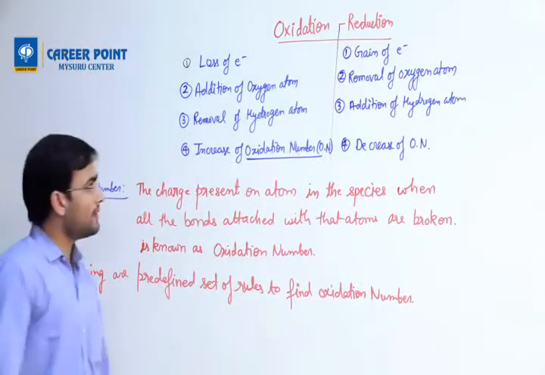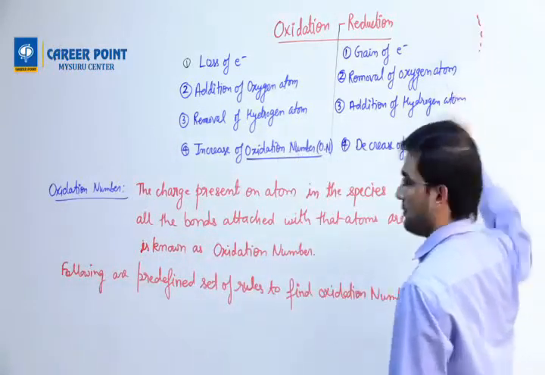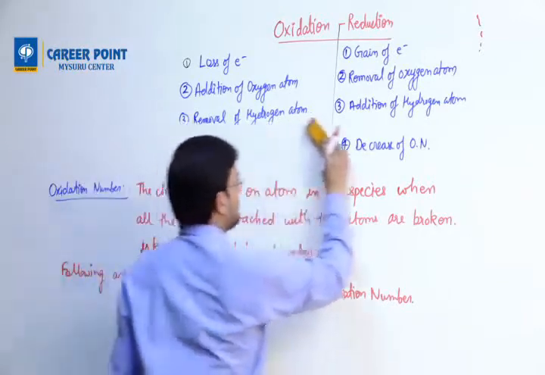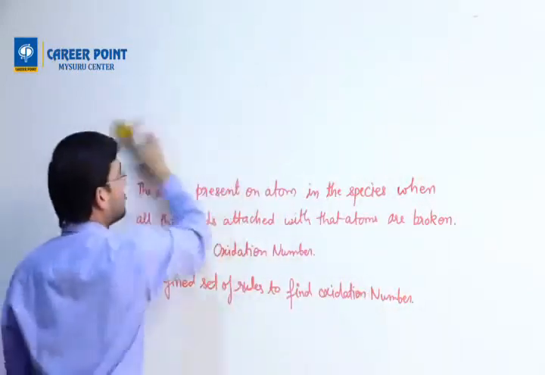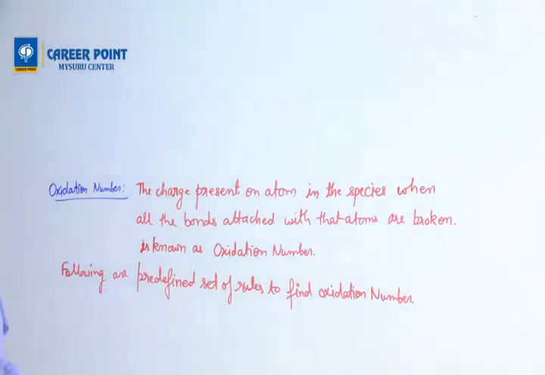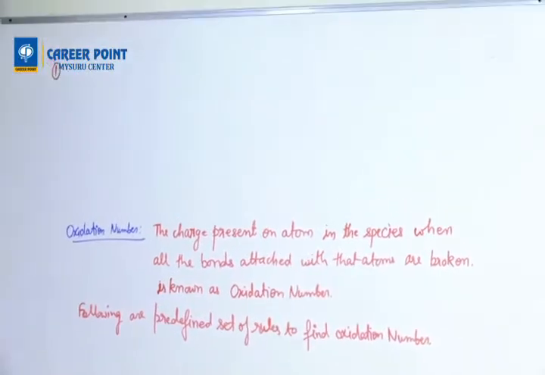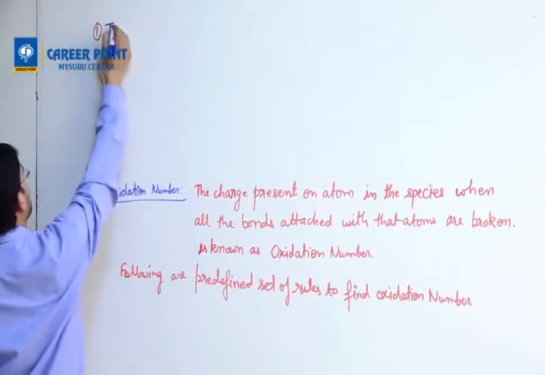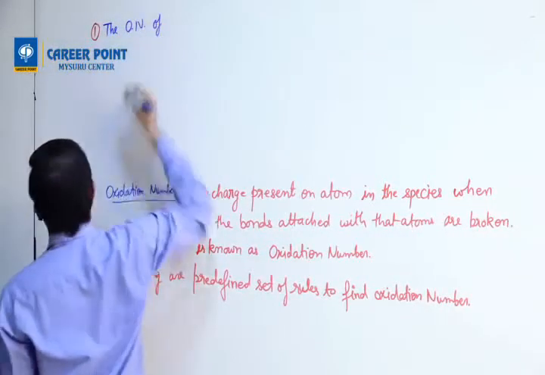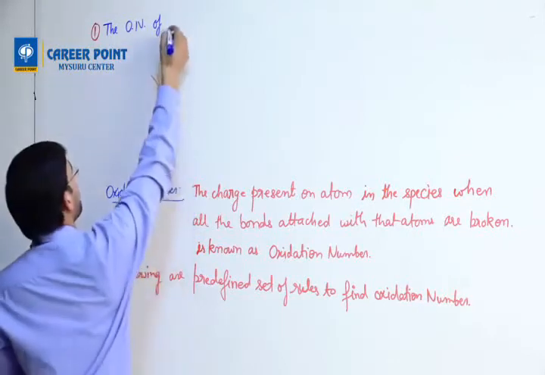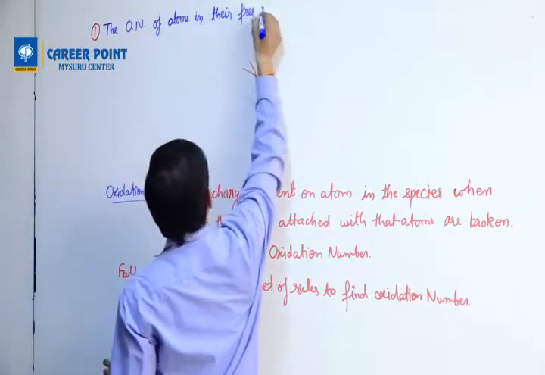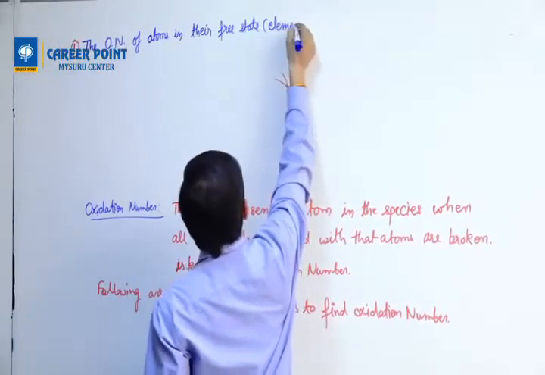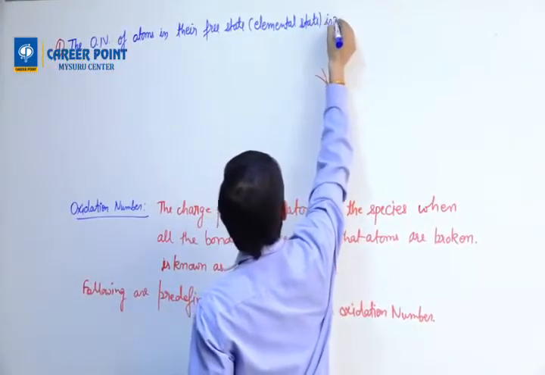The first rule is: the oxidation number of atoms in their free state or elemental state is 0.